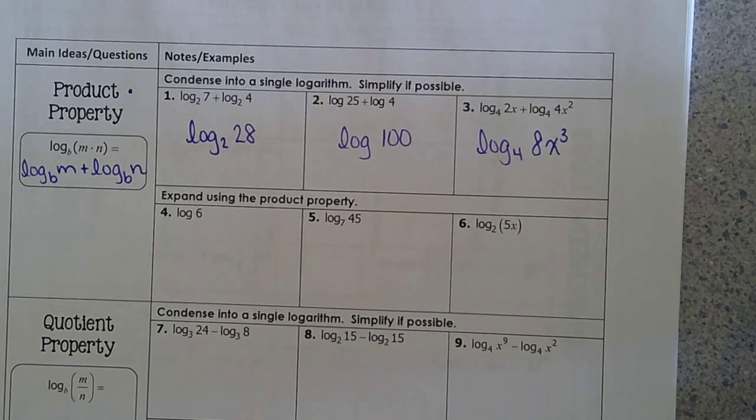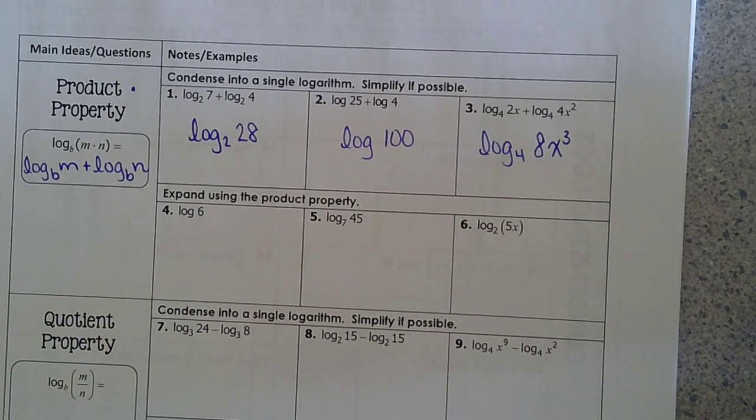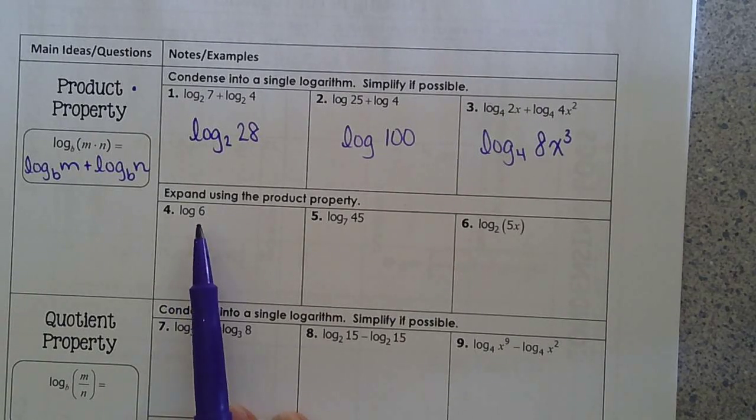Okay, now we're going to go backwards. I'm going to take a single log and write it as an addition of 2 logs. There's actually a whole bunch of different ways that I can write some of these because there are different factor pairs for whatever my terms are.